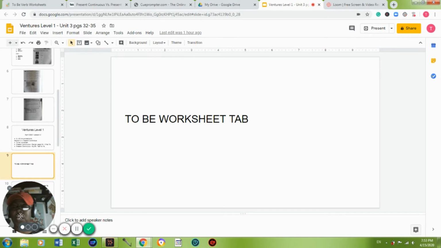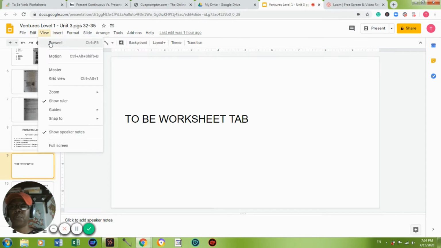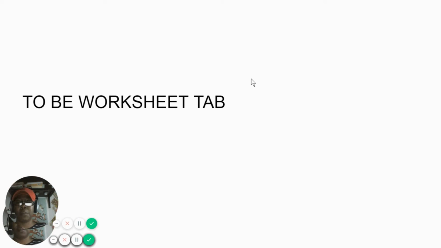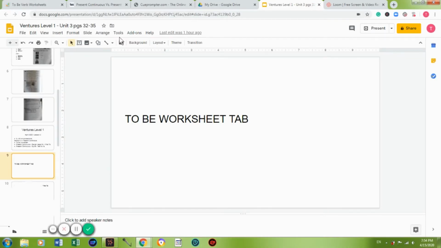First, I am going to change the view. Then I'm going to try to see if I can move myself up to the corner so that I won't be in the way of the words.